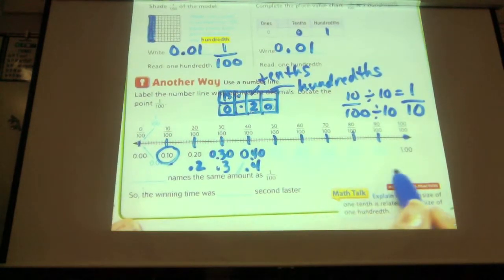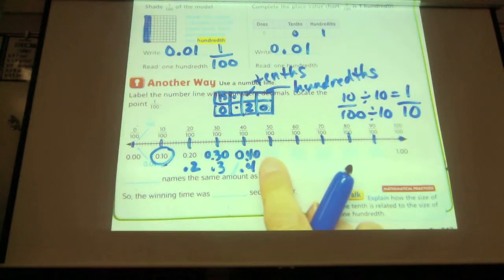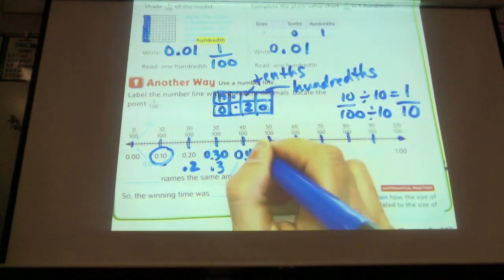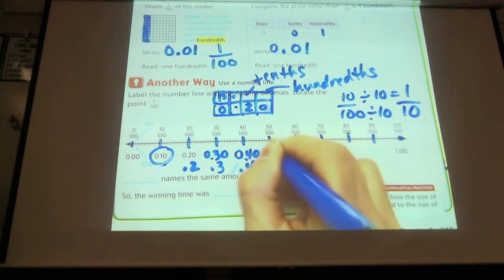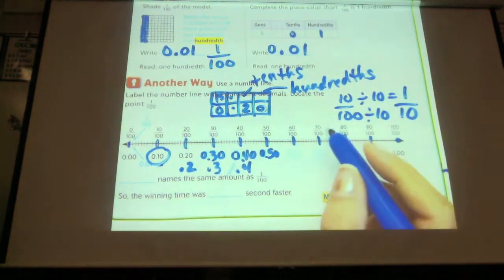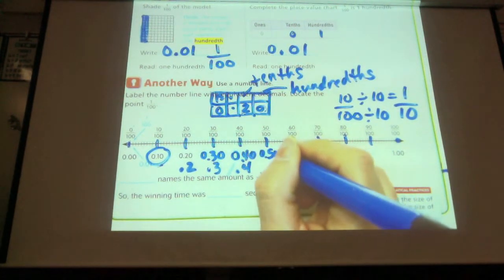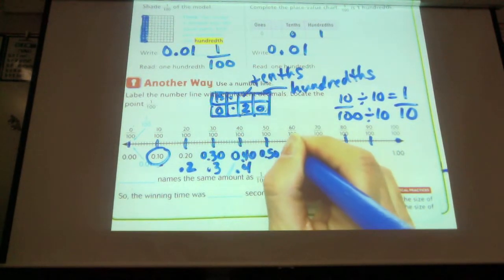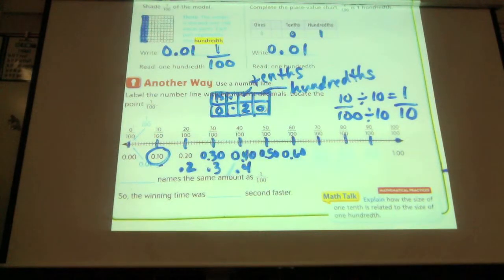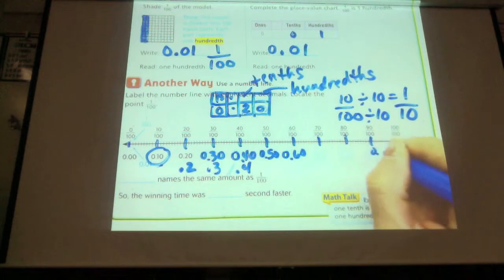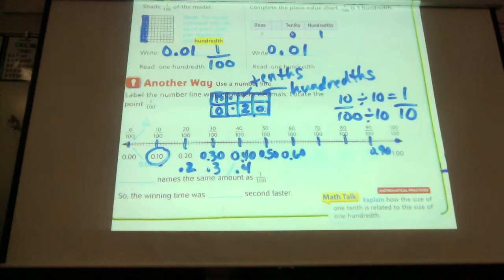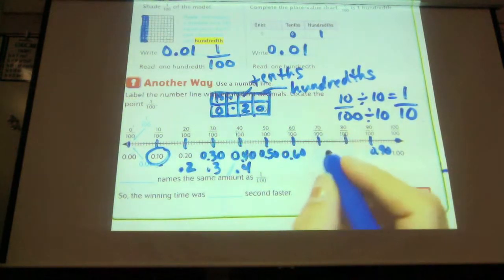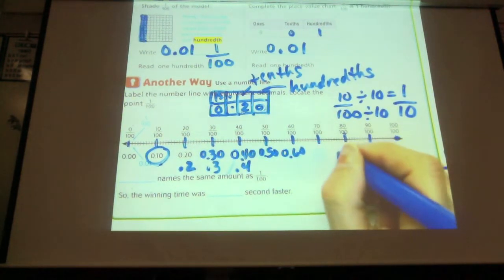Go ahead and finish your number line. 51 hundredths looks like 0.50. Okay, and 61 hundredths will look like 0.60. Perfect. 91 hundredths will look like 0.90. I was just checking to see if you were paying attention. All right, Shane, what does 80 hundredths look like? 0.8.